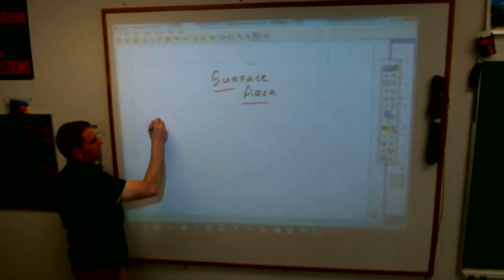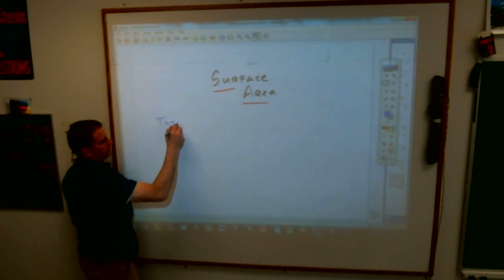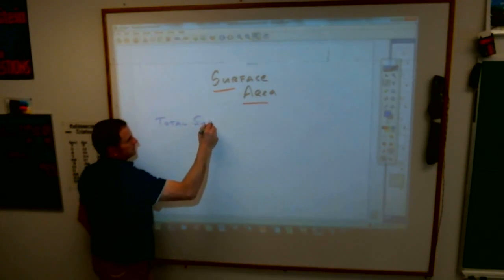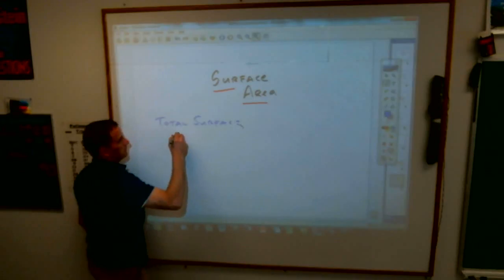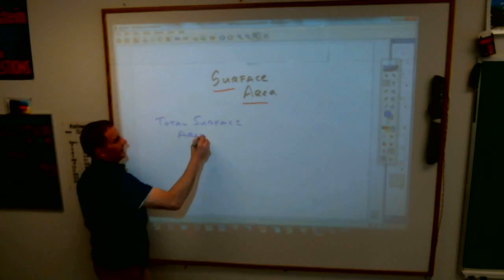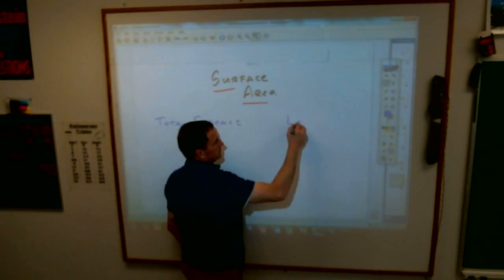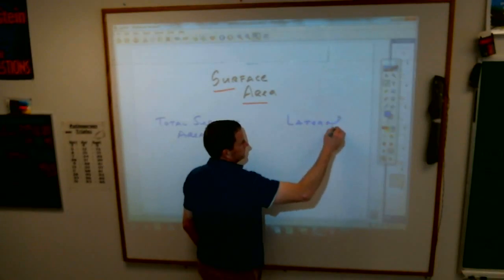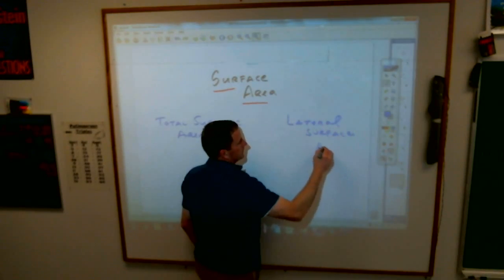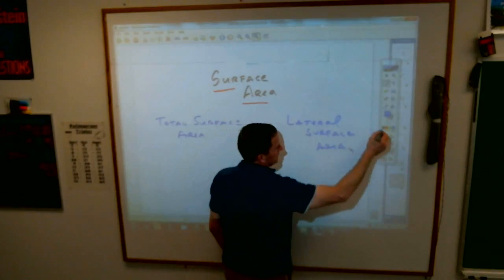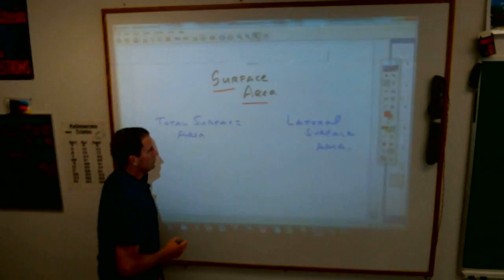We've got total surface area, and we have what's called lateral surface area. What is the difference between those two?